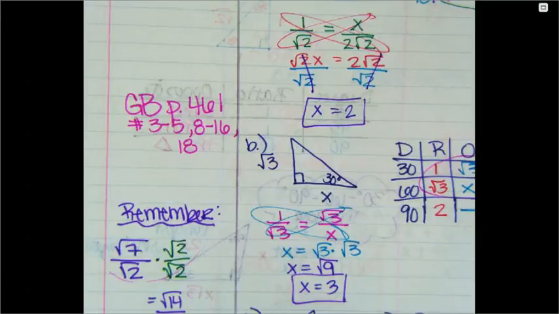So go 9A, 9B, 9C. Make them separate problems. You'll see them. They have little boxes and it'll be like A, B, C, D, like that. Any questions?